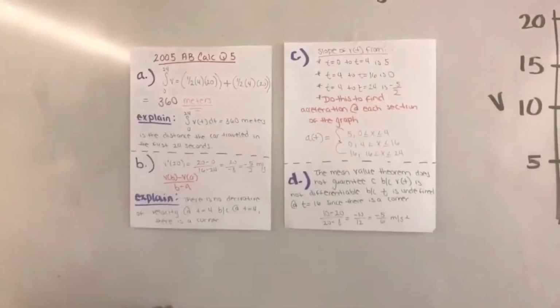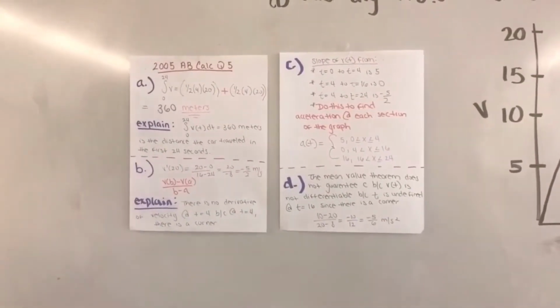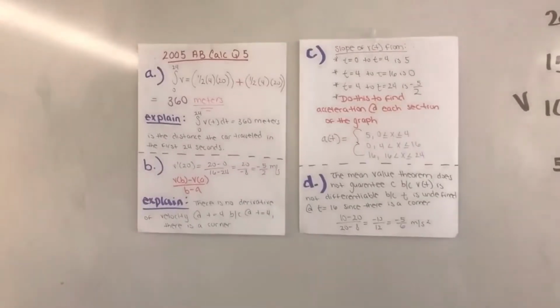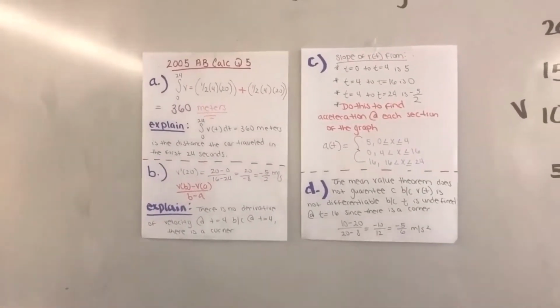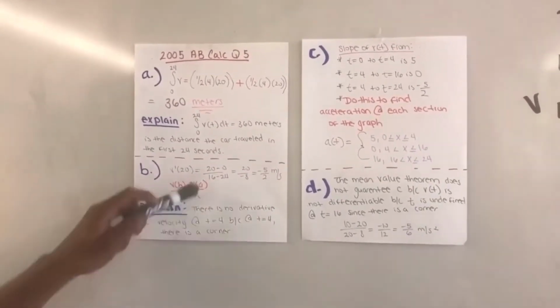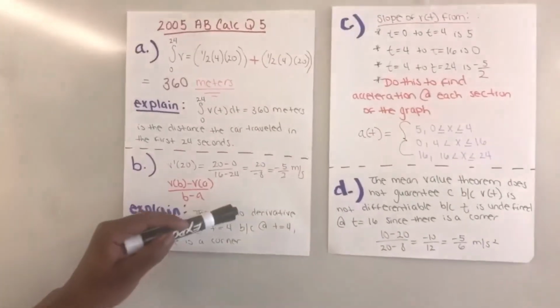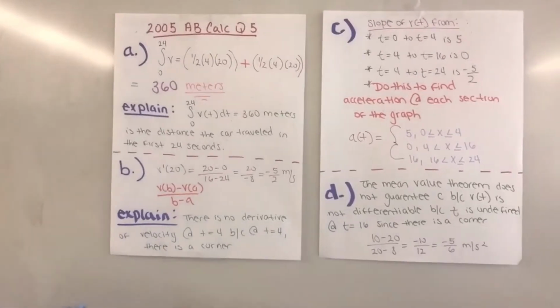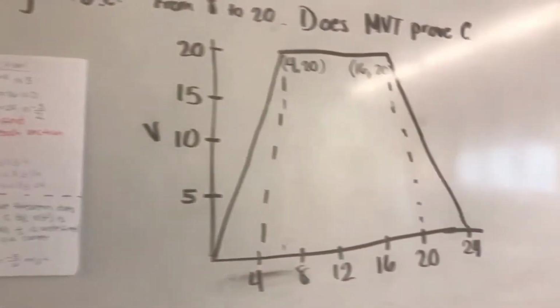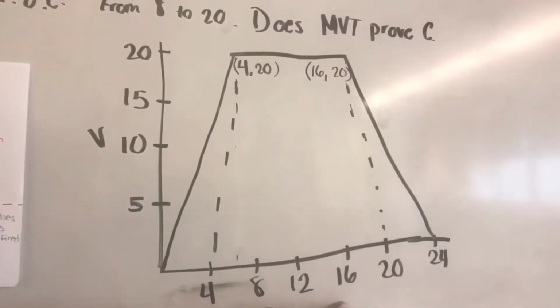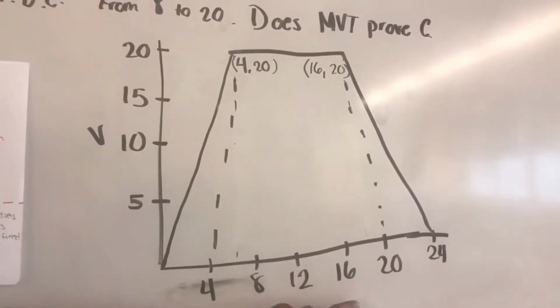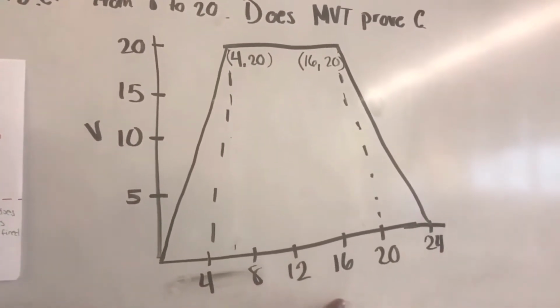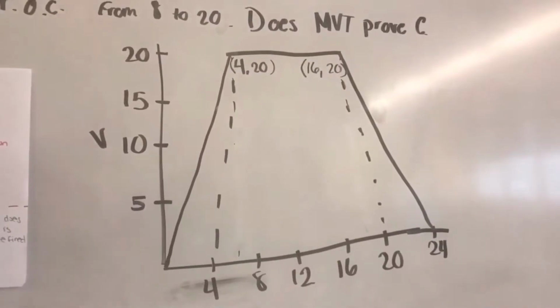Now for v prime of 20, you can do the equation v of b minus v of a over b minus a, where v of b would be 20, v of a would be 0, and as we see in the graph, b itself would be 16, and a itself would be 0.